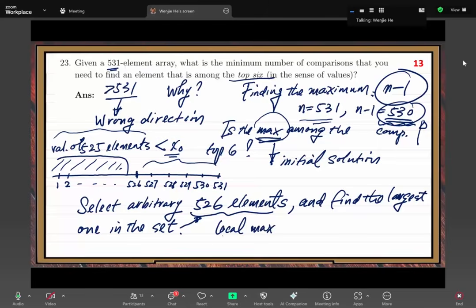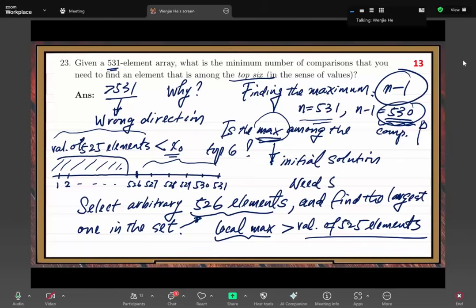That local max is greater than the other 525 elements, right? When you find the largest here, you need 525 comparisons.